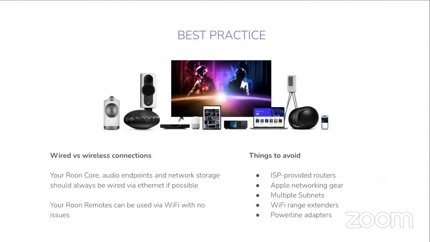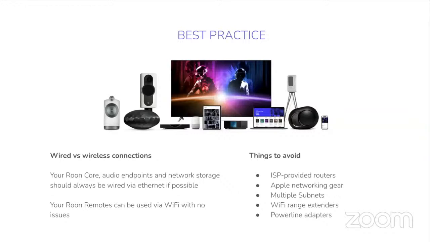No matter what your network setup is like, there are a few important factors to keep in mind when you're using Roon to make sure that you're getting the best experience. First and foremost, your Roon core should always be wired via Ethernet. And if possible, any devices that you're using to store music and stream music to your core should also be wired via Ethernet.